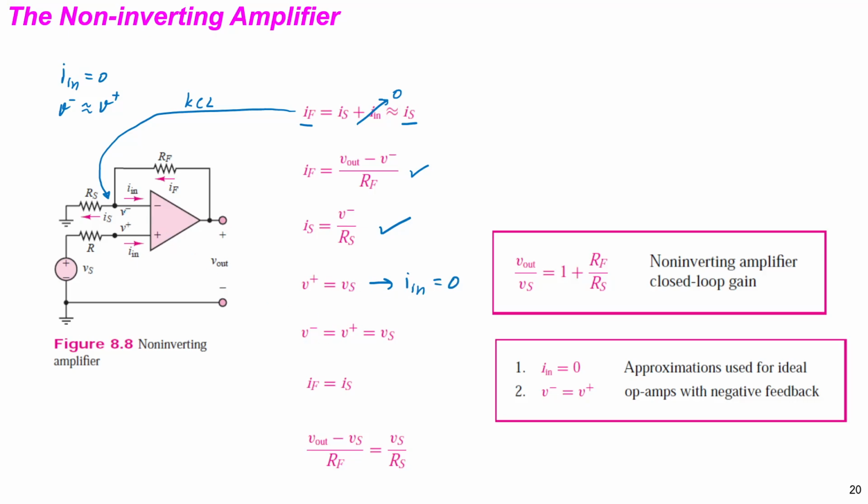So V positive and V negative are equal. Therefore V negative is Vs. In this case, this pin will be Vs and this pin also Vs, and no current flows into the op amp. I in is 0.